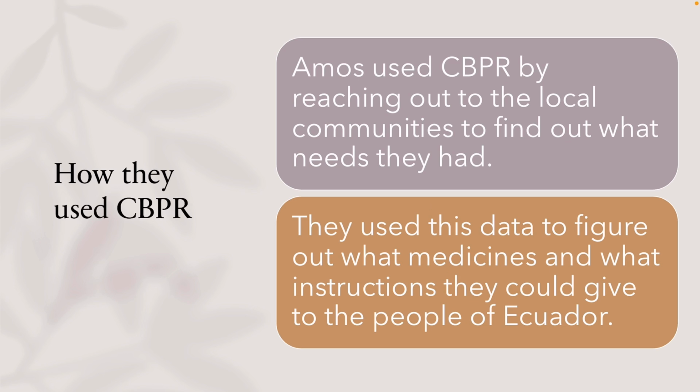They used this data to figure out what medicines and what instructions they could give to the people of Ecuador. After they received all this data, they were able to help give to the community and help find exactly what medicines they needed.